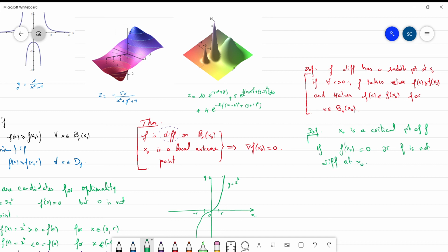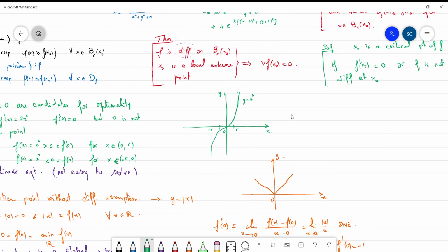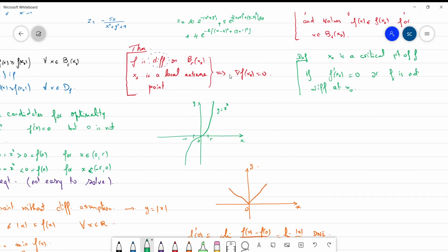So that we regroup all the candidates for optimality. When we have a function and are looking for a local extreme point, either f is differentiable, then necessarily it is a solution of gradient f equals 0, or f is not differentiable, so we gather all the points where f is not differentiable.